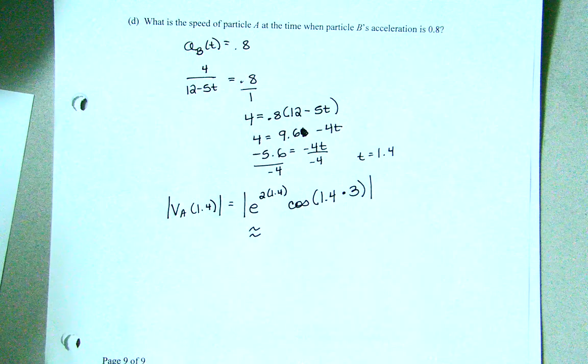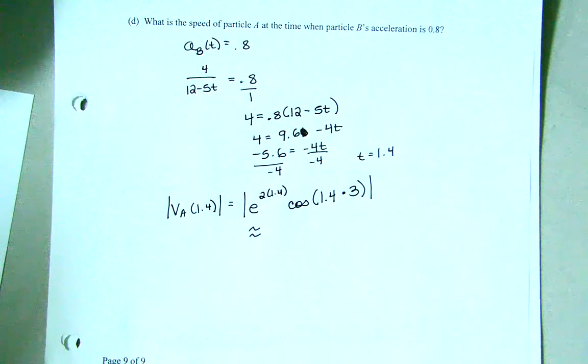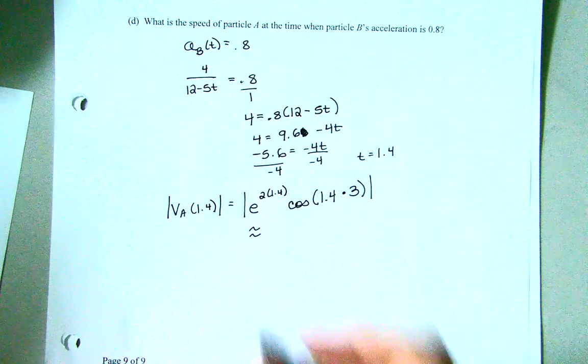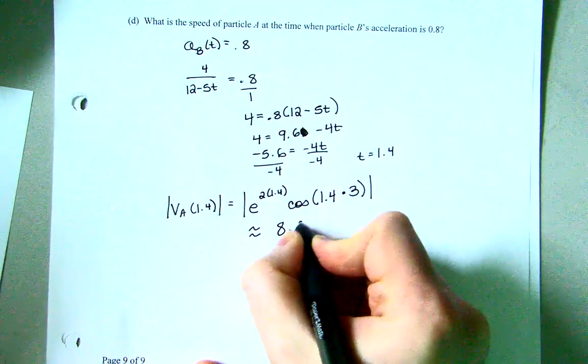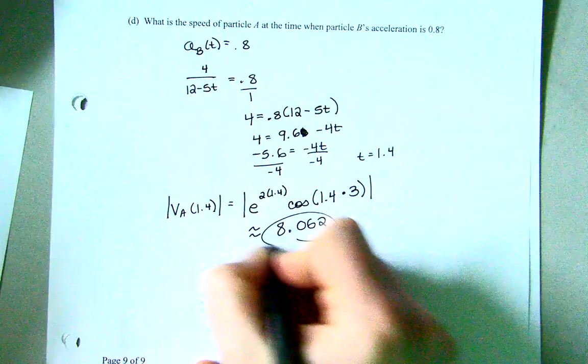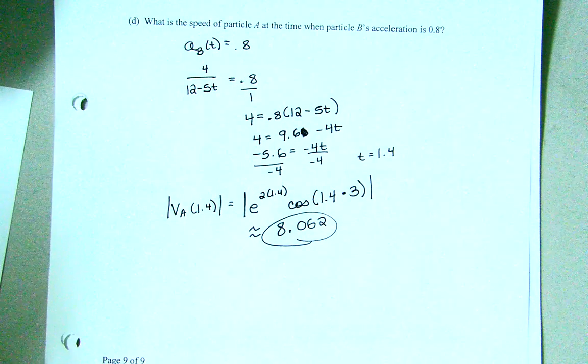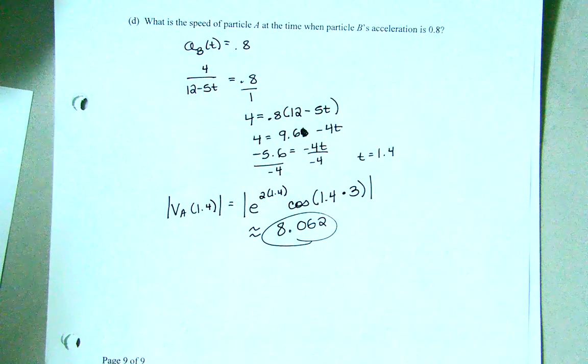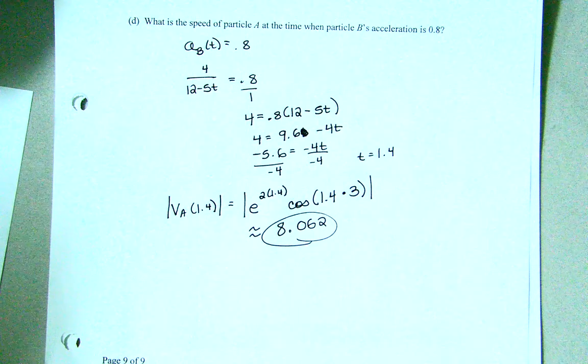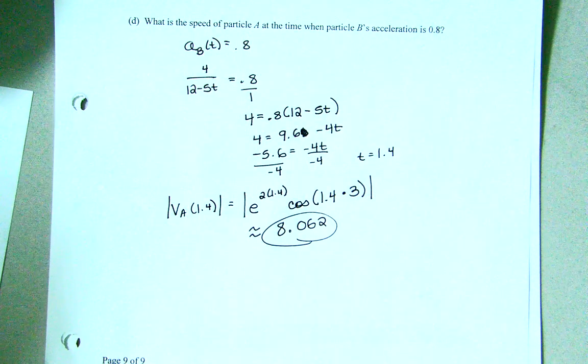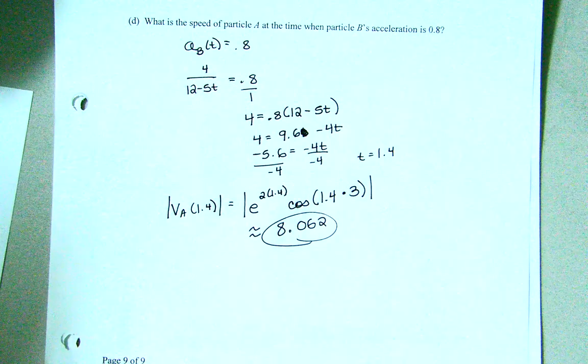Yep, I think it will end up being something negative. So make it positive to get speed rather than velocity. Speed is velocity without direction. How about like 8.062? Any particle motion questions? Let me turn this off.